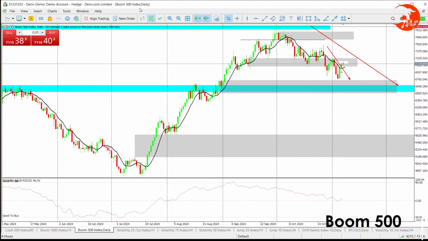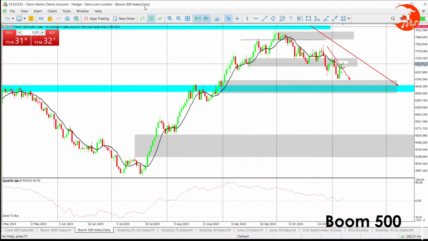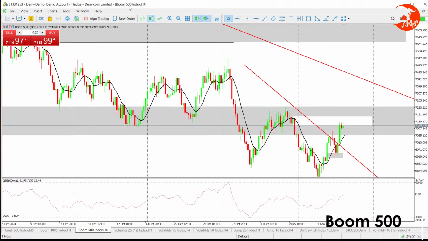So according to H4 we are buying, yet on the daily we're supposed to be selling, but now price is above our 10 EMA, meaning it signals buys. If that is a signal for buy, then we can head over to H4 and look at what we have there.